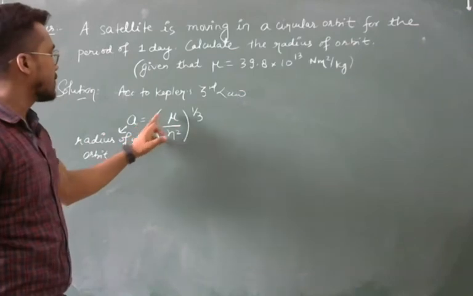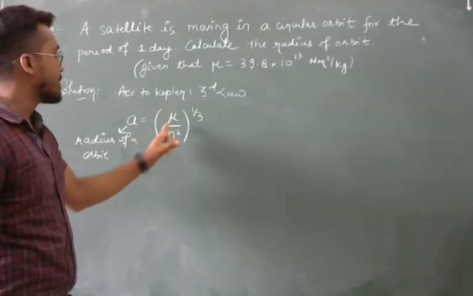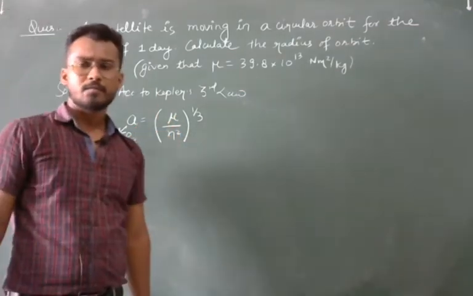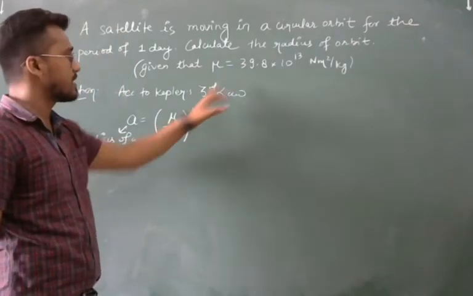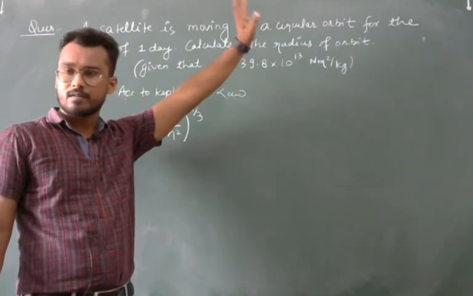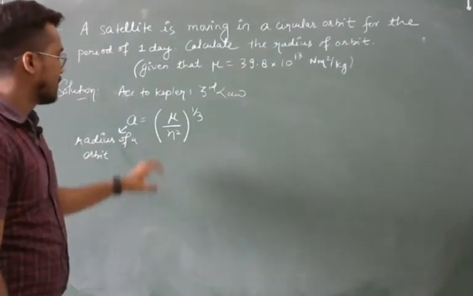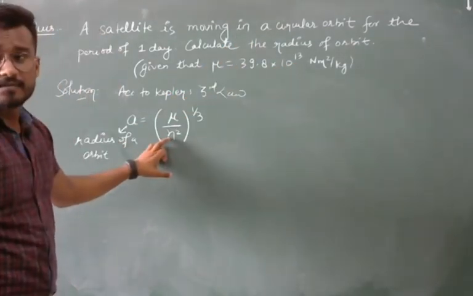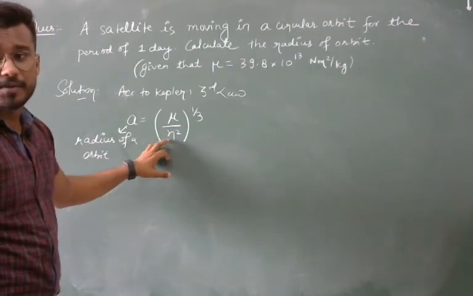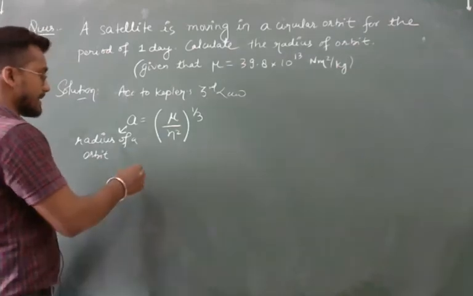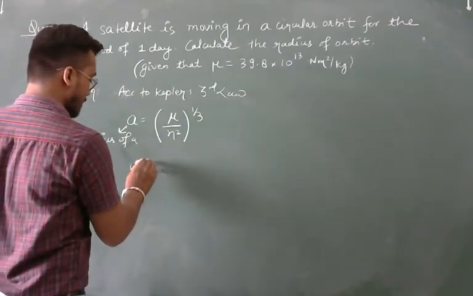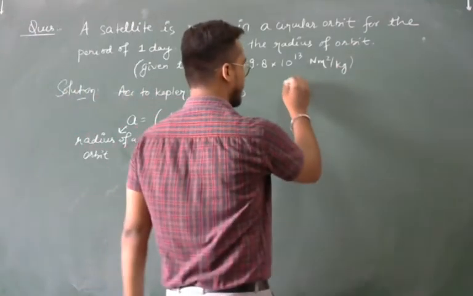So A is equal to the cube root of mu upon n square. To find A, is mu given? Yes, its value is 39.8 into 10 to the power 13. The value of n is not given to you. This you have to calculate. So what is this n? Let me write here.